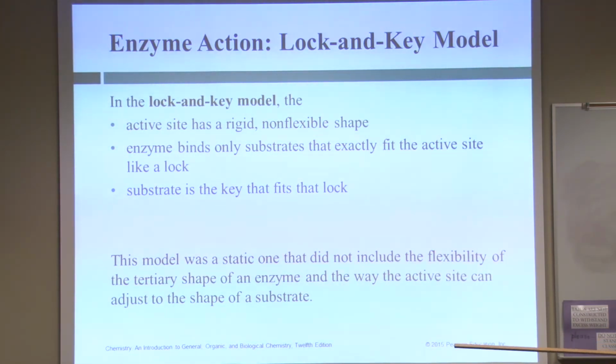The active site has a rigid, non-flexible shape. The enzyme can bind only substrates that exactly fit into the active site, like a lock. This model is very limited in what substrates the active site can fit.